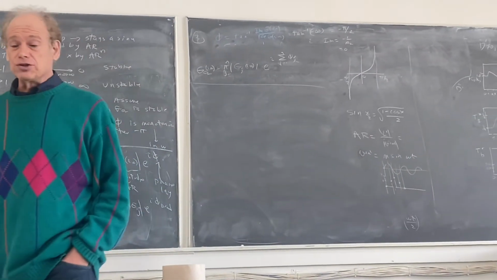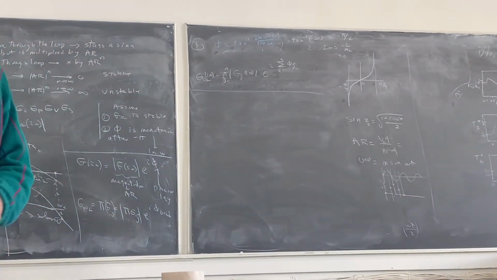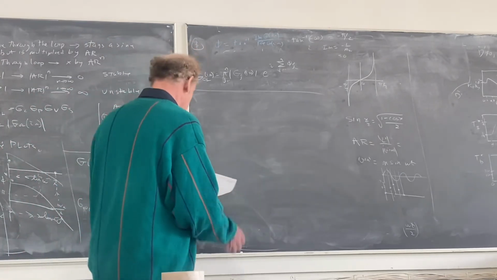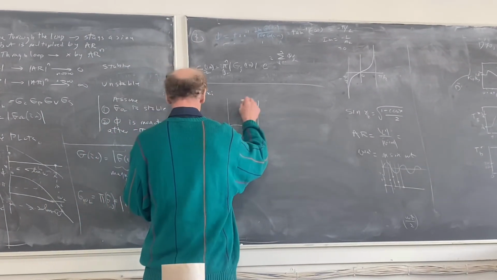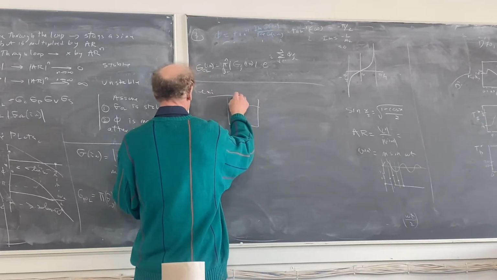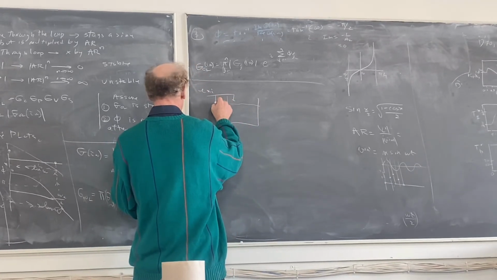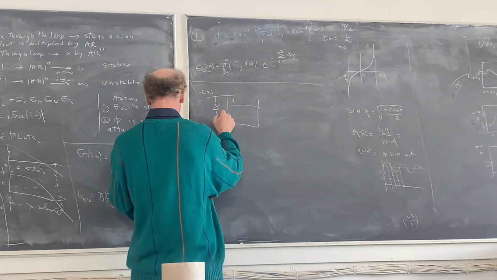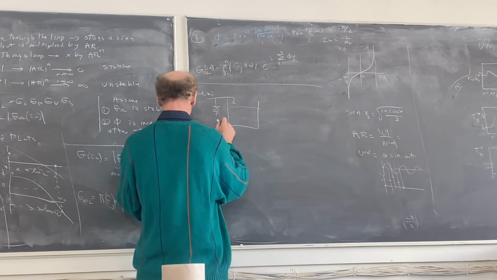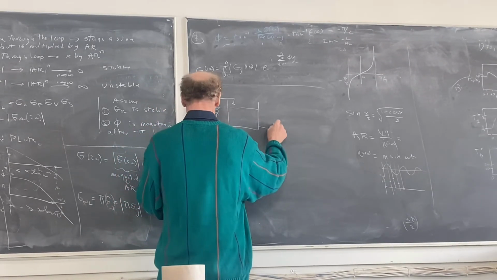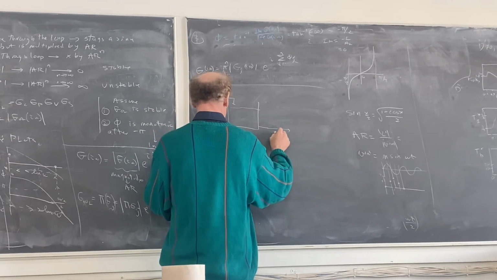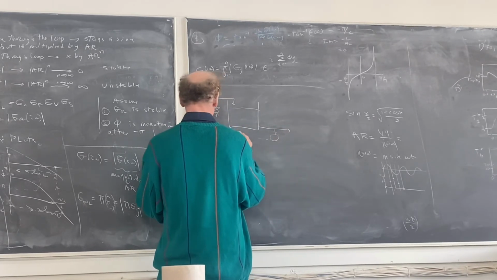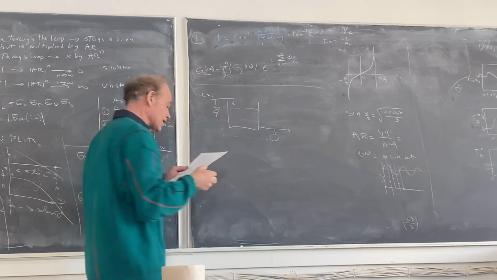So if we look at a first order system, here we go. We have an example where we have a tank. Again, I have an input here, and I measure what comes out. And if I don't like it, I adjust this flow rate.